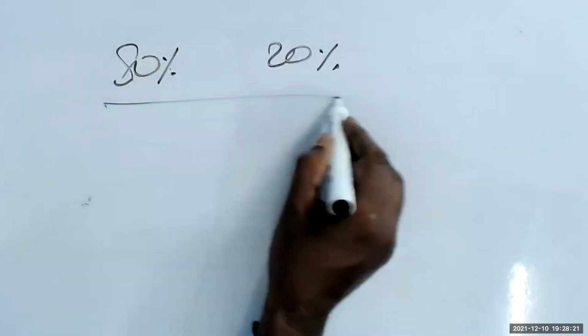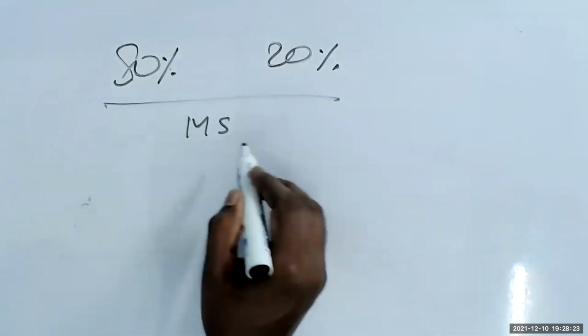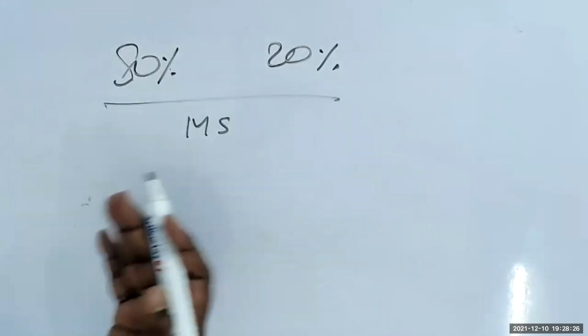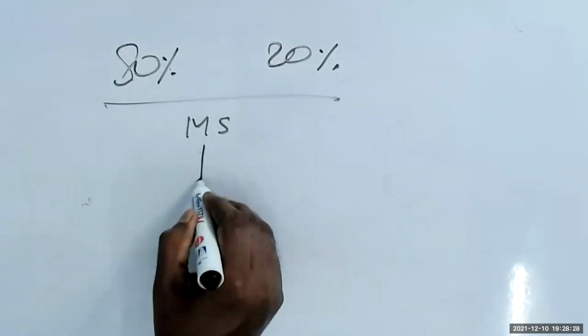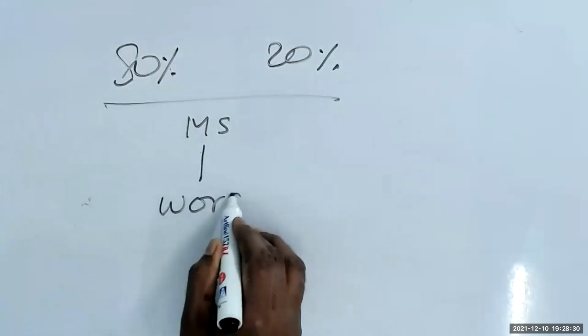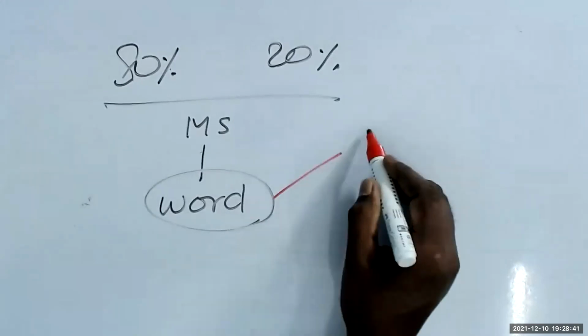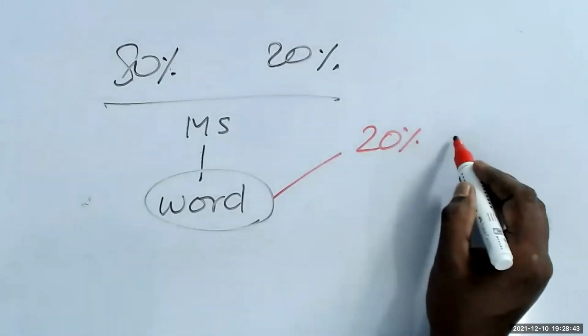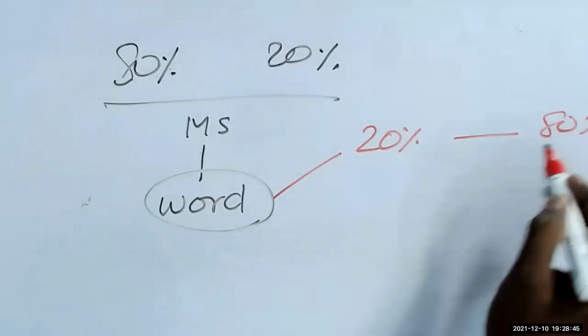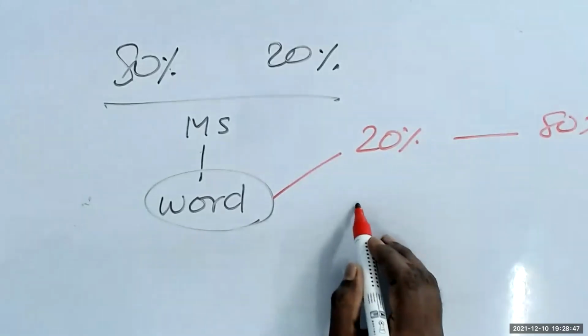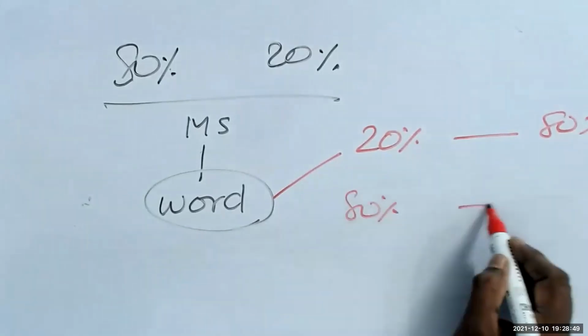If you buy any software, let me take Microsoft because we use it every day, like MS Word, there's a big trick there. When you use MS Word, you use only 20% of the software, 80% of the time.